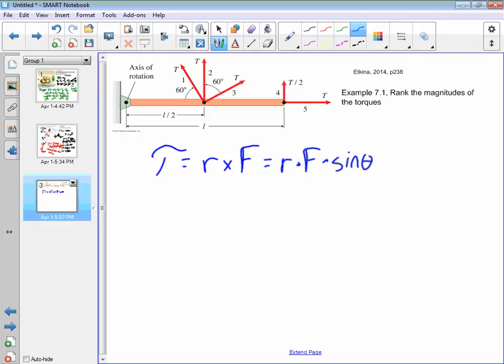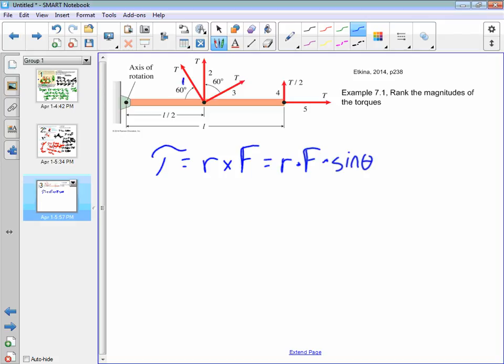And that's why we do R cross F. It's got to be from the lever arm to the force. Anyhow, that's good enough for right now.